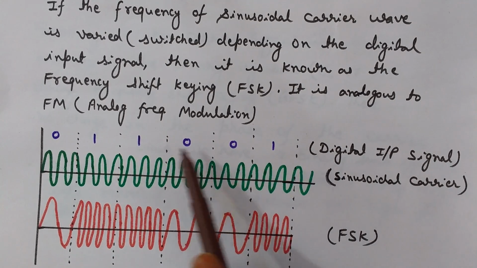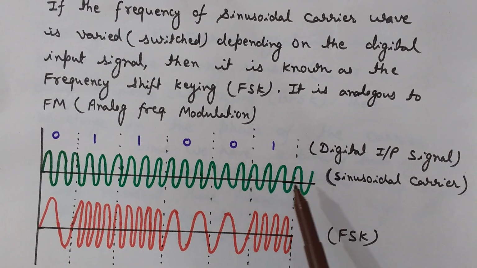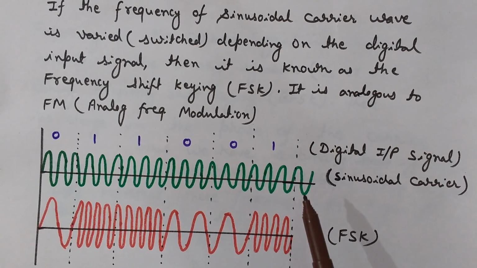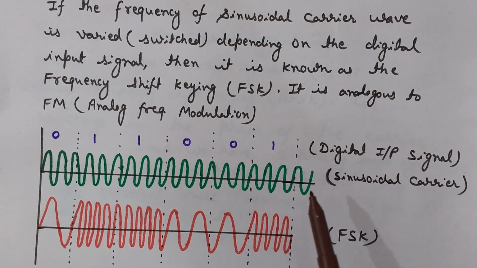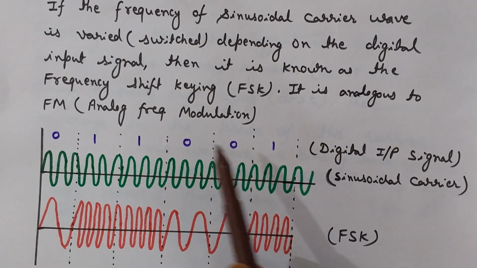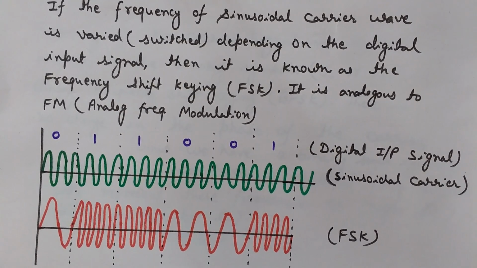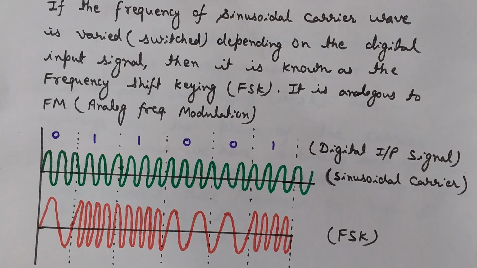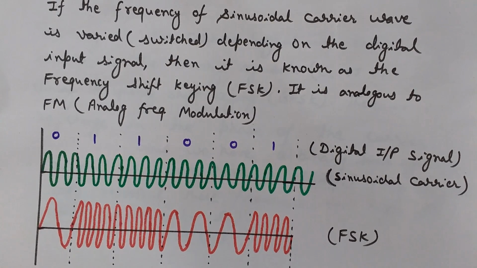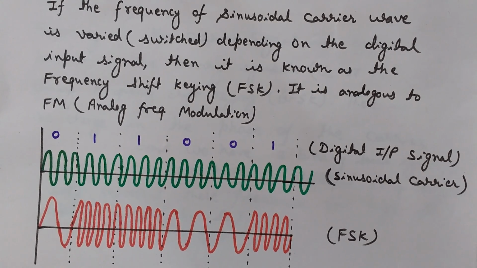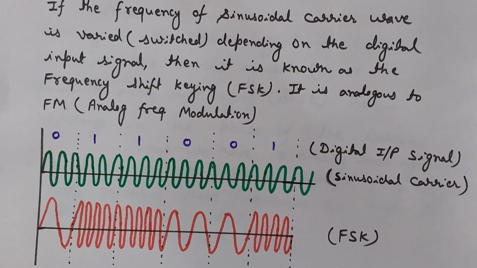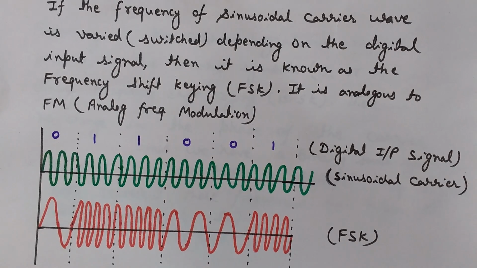Since we have only two symbols, 0 and 1, we will discuss here the binary frequency shift keying. It is known as BFSK. In continuous wave modulation, its examples are FM, AM, PM, etc. This FSK is analogous to FM, because in frequency modulation we just vary the frequency of the carrier wave according to the modulating signal.